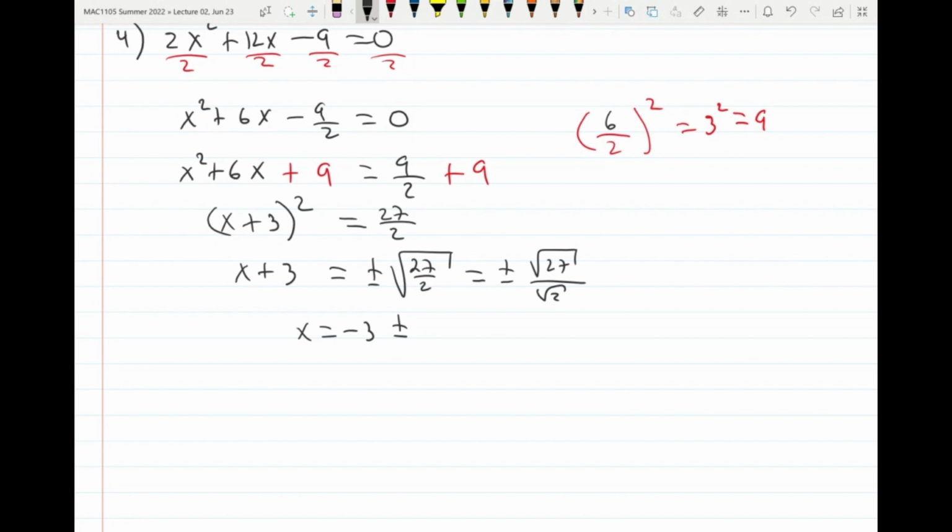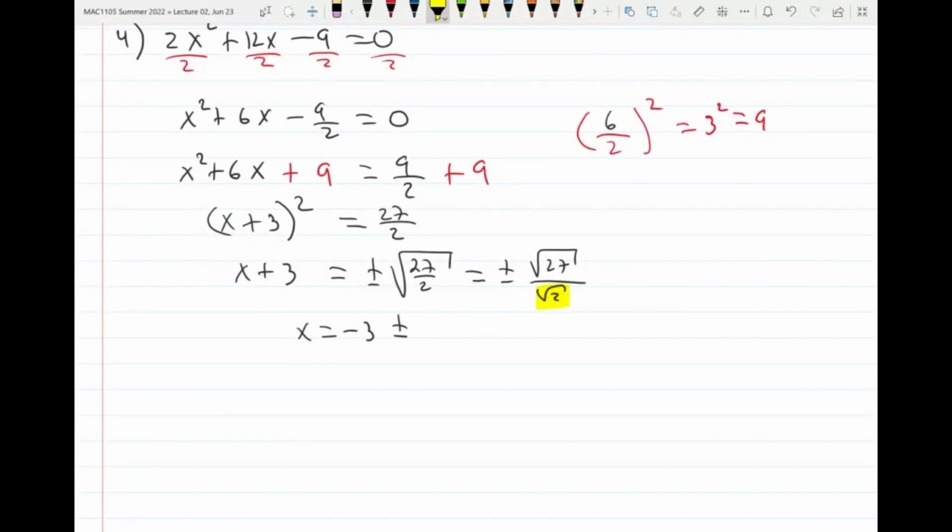But now we have a new problem. We need to get rid of this. The process of getting rid of that radical is called rationalizing the expression. So how do we do that? We multiply top and bottom by a quantity that will make sure that this radical is gone. So what can you multiply this by to get rid of the square root? Just multiply by itself, right?